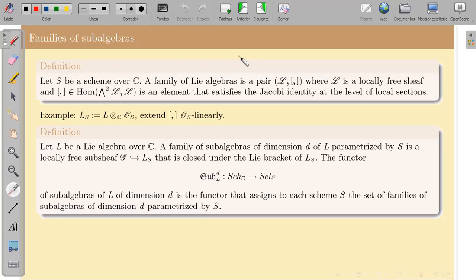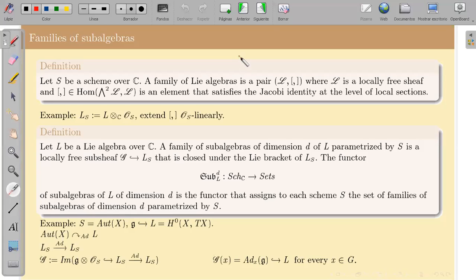As an example, we can take S to be the automorphism group of X and G some subalgebra of its Lie algebra, which is the algebra of all vector fields. We know that the automorphism group acts on its Lie algebra by the adjoint map.